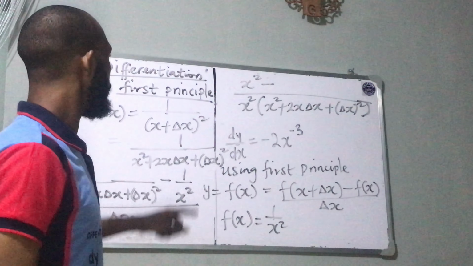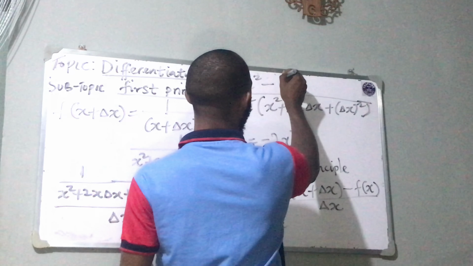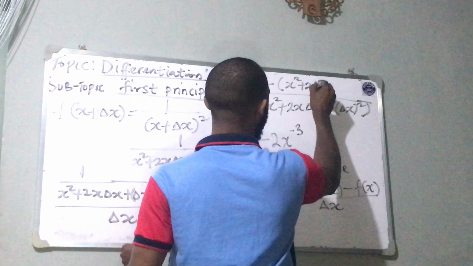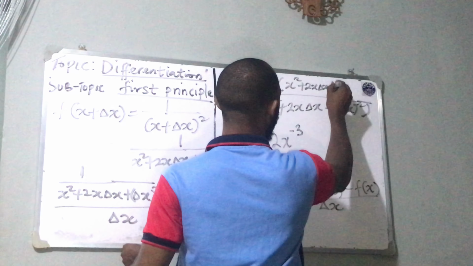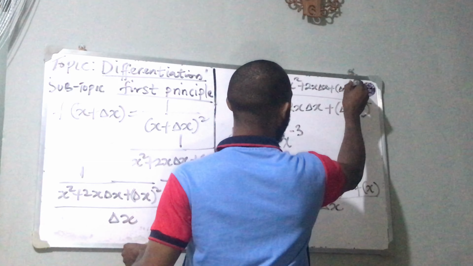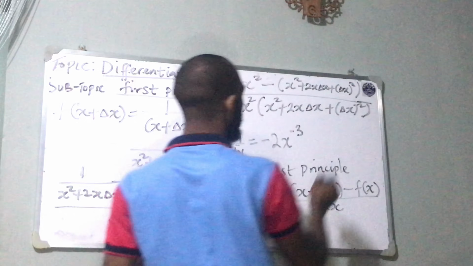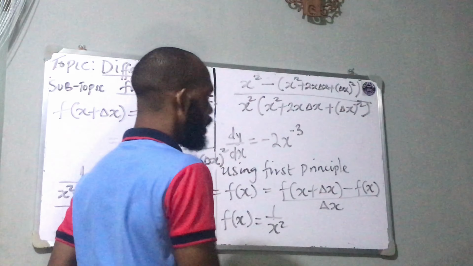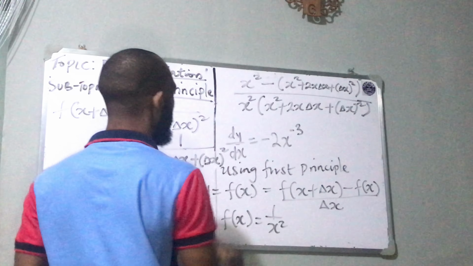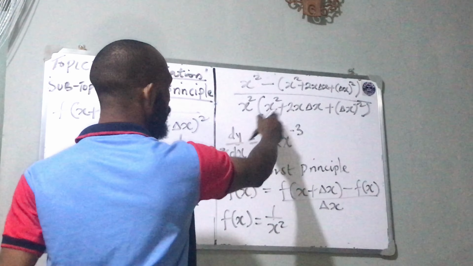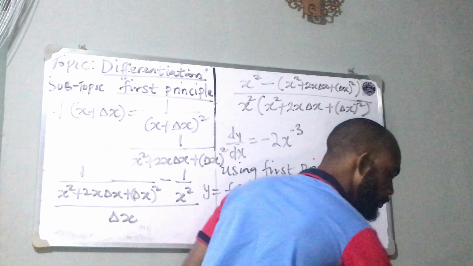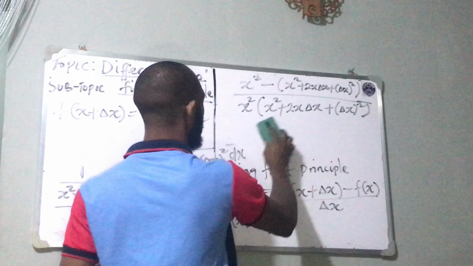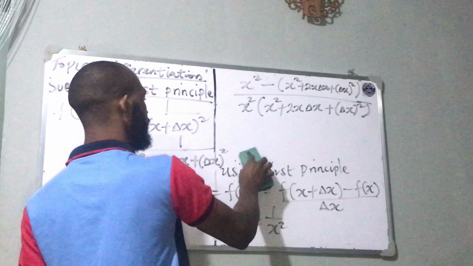So that's my times 1, I'll have x squared plus 2x change in x plus change in x all squared. So the next thing to do is to open the bracket here. Now let's keep this in mind that this is our answer using the general formula, minus 2x raised to power minus 3. So we're supposed to have the same thing.